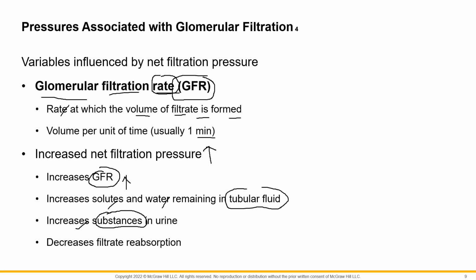You're losing important solutes like sodium, potassium, calcium, bicarbonate, glucose, things like that. You're losing that when your GFR goes up, and as a result you could have ion imbalances, hypoglycemia, and so forth. Increased GFR also decreases the filtrate reabsorption rate. So the less is reabsorbed, the more it is peed out and ends up in urine.